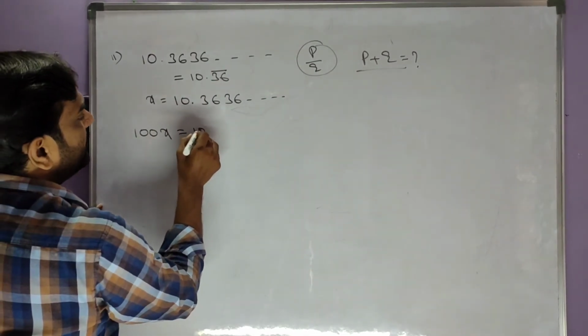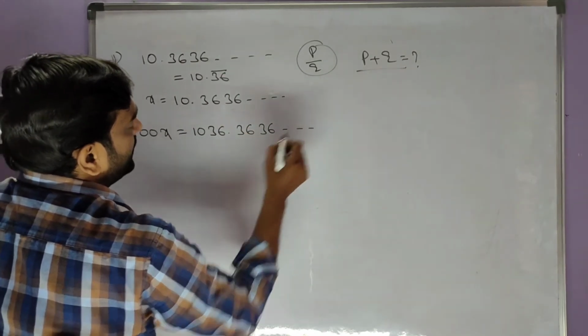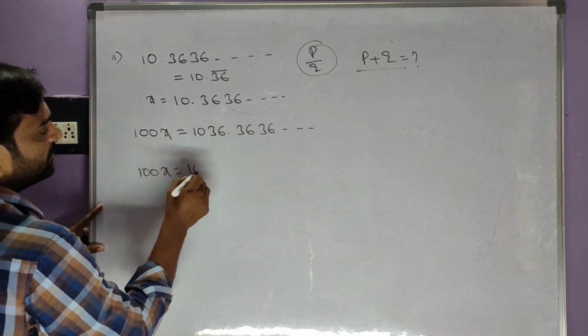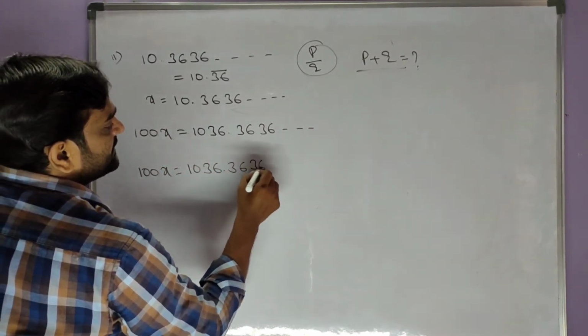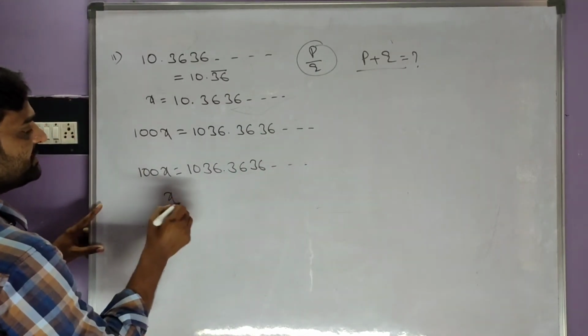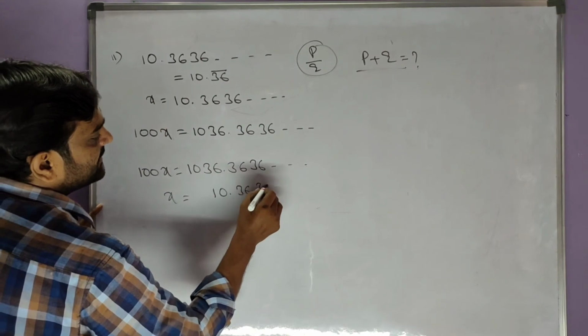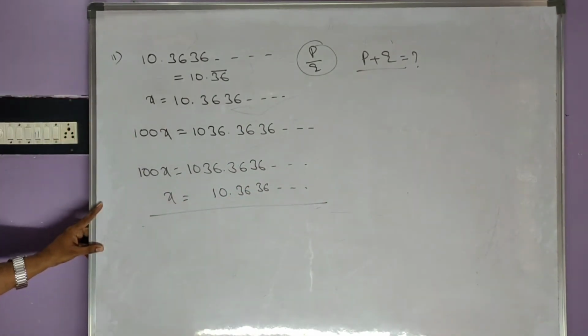So 100x is equal to 1036.3636 and so on, and x is equal to 10.3636 and so on.